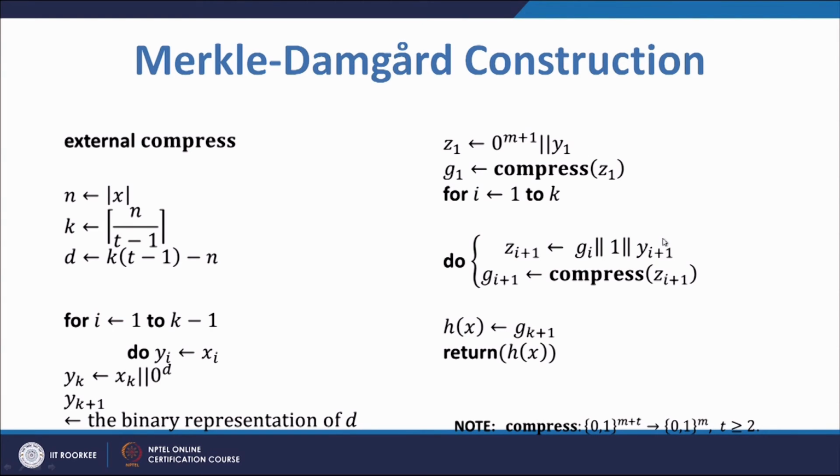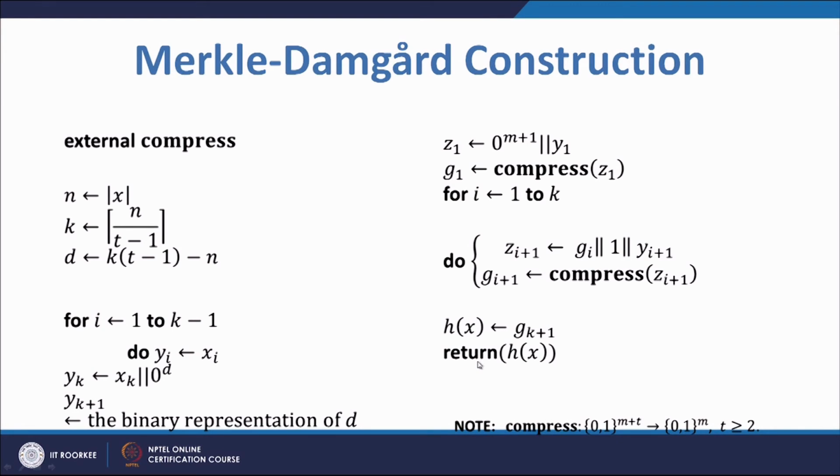I know that this length is t minus 1, this is 1. So, the total length is t, and this length is m. So, the total length of each z_{i+1} is m plus t, and I will apply compress on this, I will get g_{i+1}. We will keep on doing this, and at the end I will put g_{k+1} as h(x).